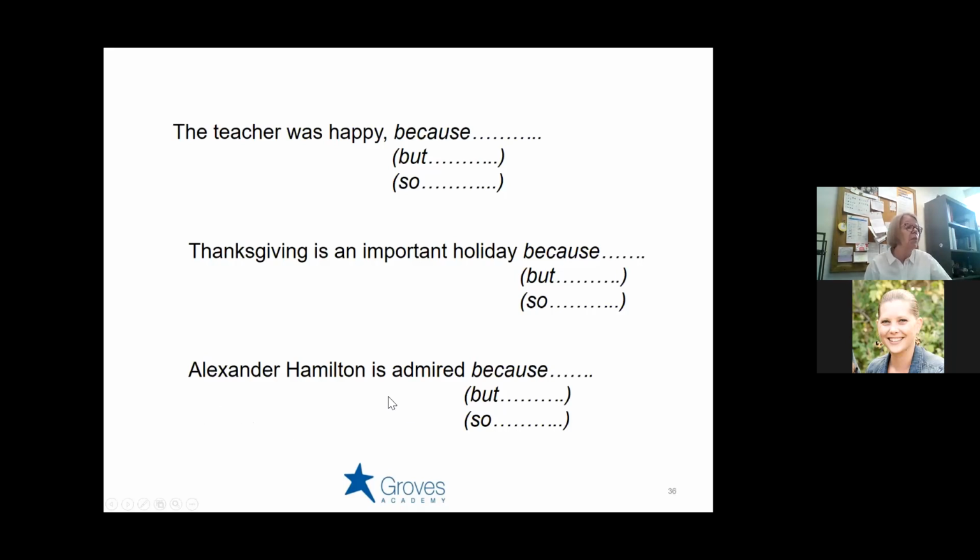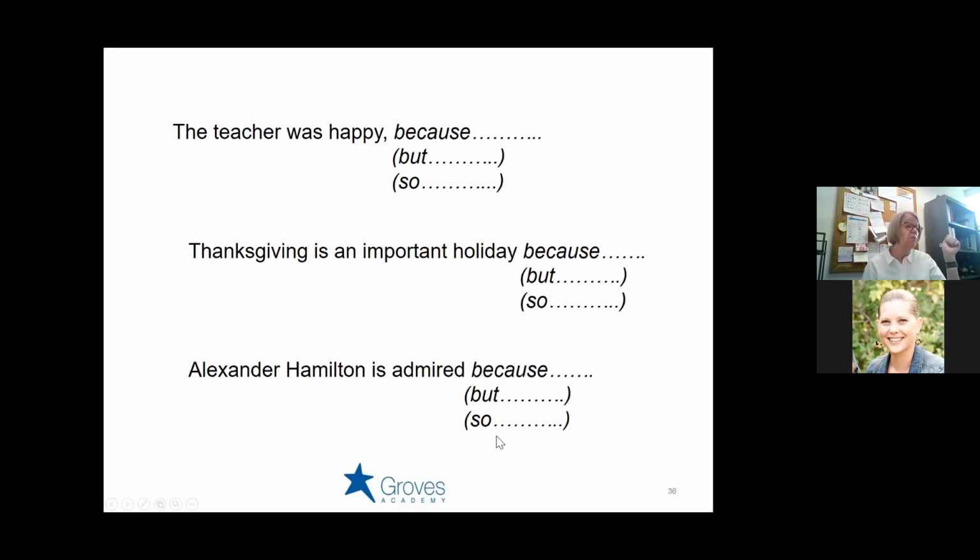Alexander Hamilton is admired because he created the National Bank, or because he was one of our nation's founders. Alexander is admired, but he was criticized by some of his peers or whatever.